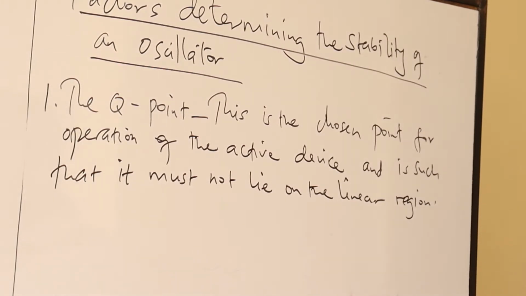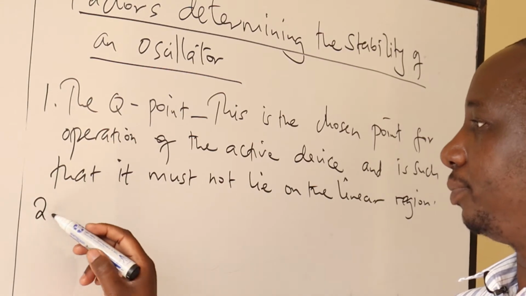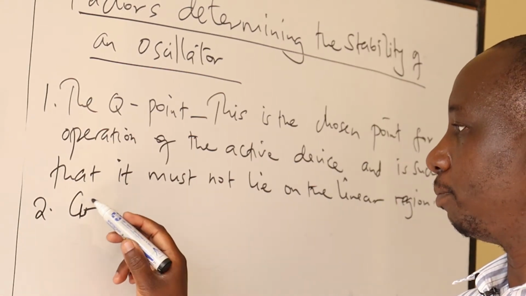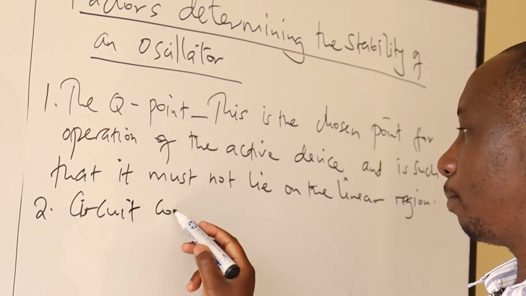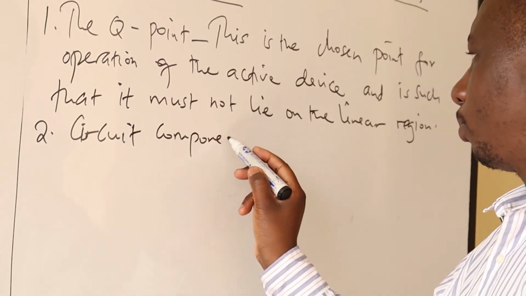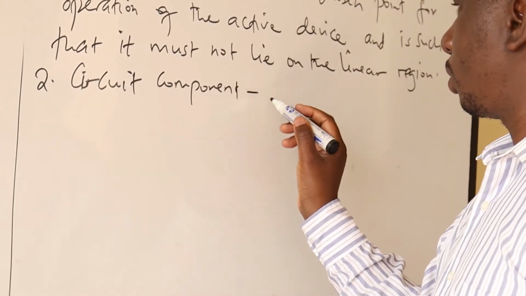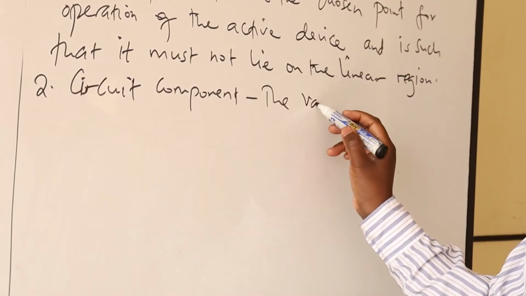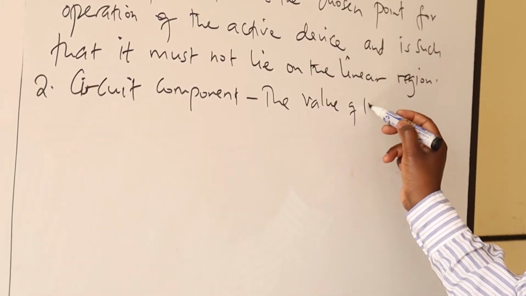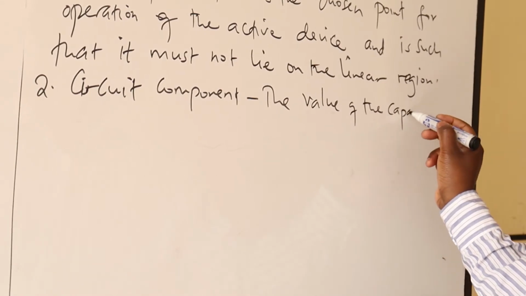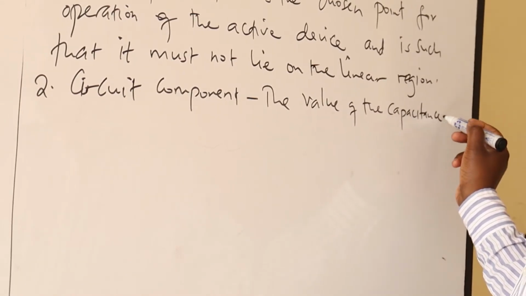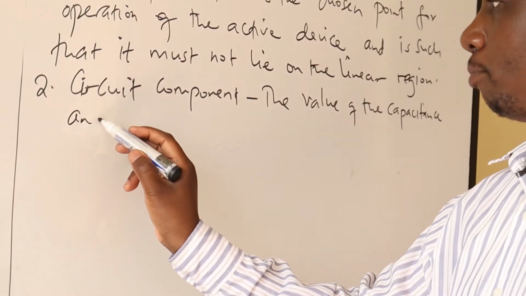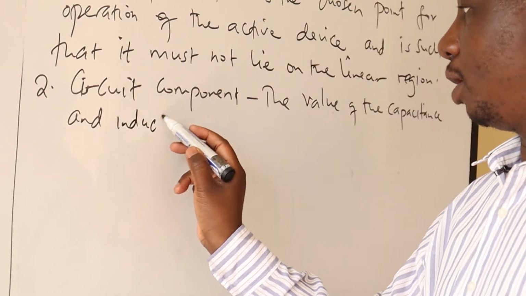Another thing we need here is the circuit component. These are the values of the capacitor and inductor, the values of the capacitance and inductance.